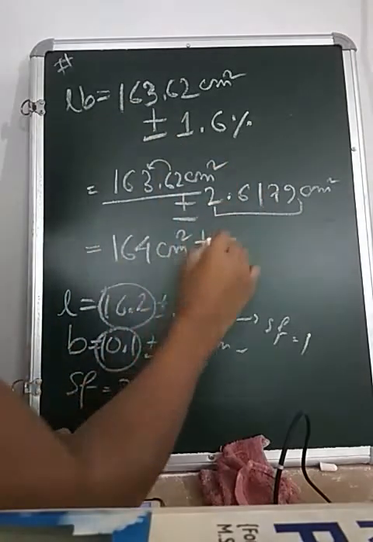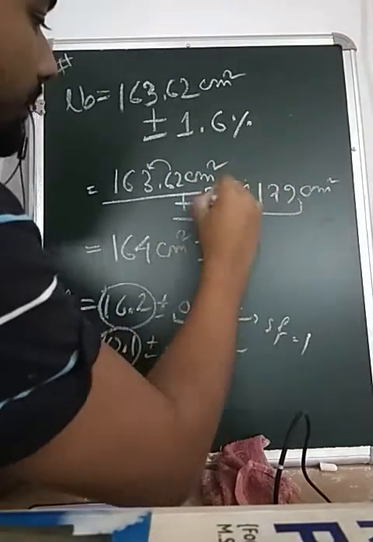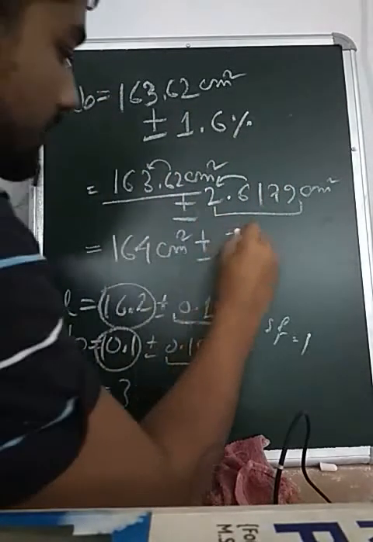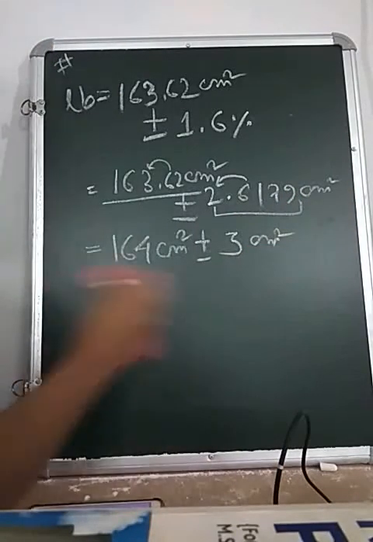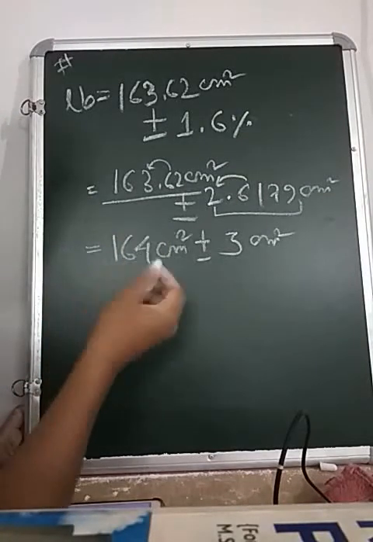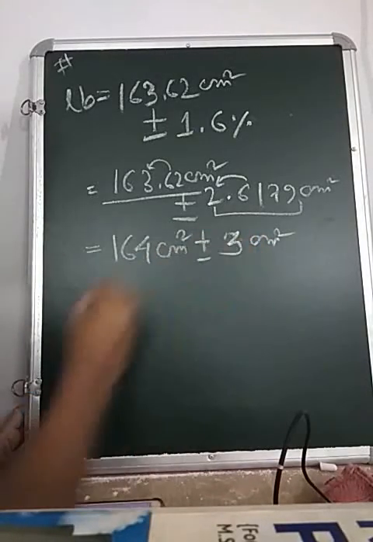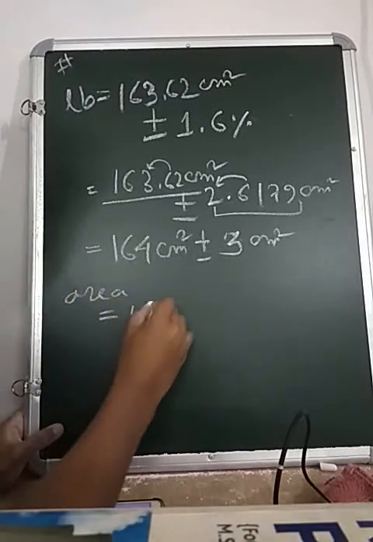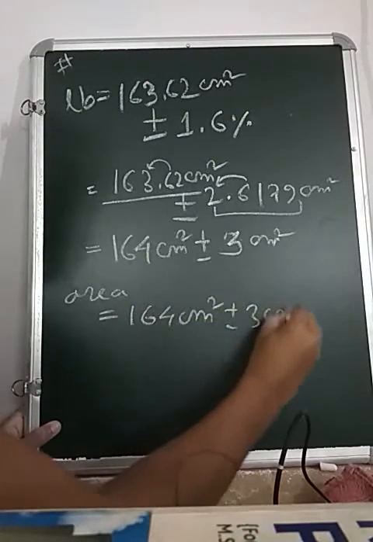So what will it be after rounding off up to 1-digit significance? 2.6, where 6 is greater than 5, so if you add 1 to the preceding one, it will be 3 centimeter square. So what is the final answer with error? The final answer for area is 164 centimeter square plus minus 3 centimeter square.